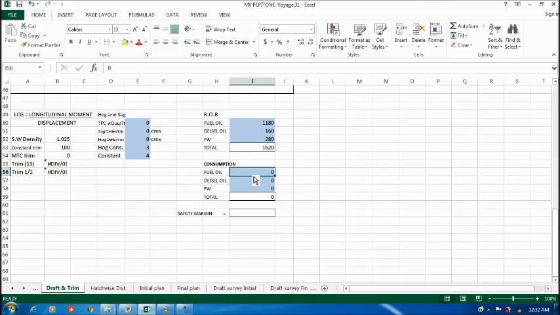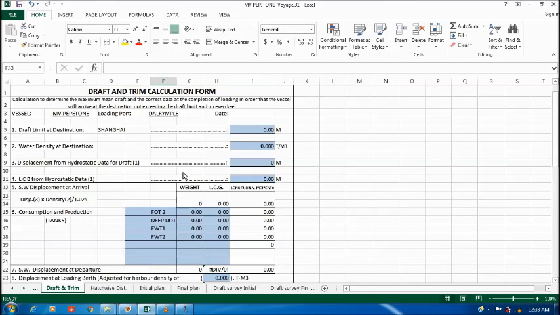Total consumption is 540 tons for fuel oil, 60 tons for diesel oil, and 60 tons for fresh water, for a total of 660 tons. Now we will put the TPC of 6.07 and our displacement. In this example, we will have a sag deflection of 10 cm. We will now proceed to our calculation form.